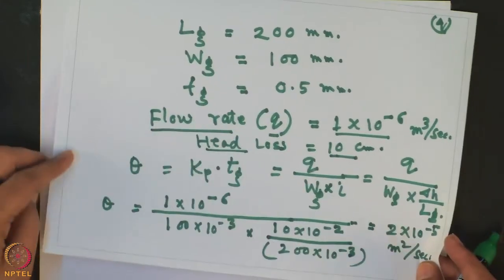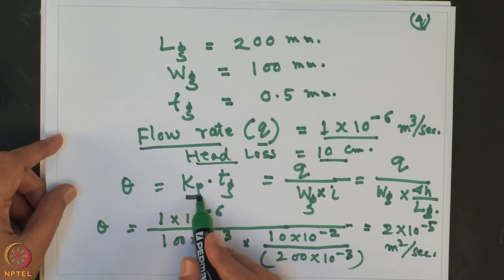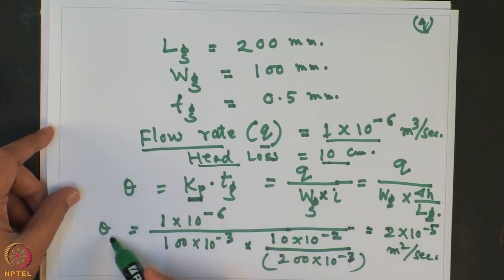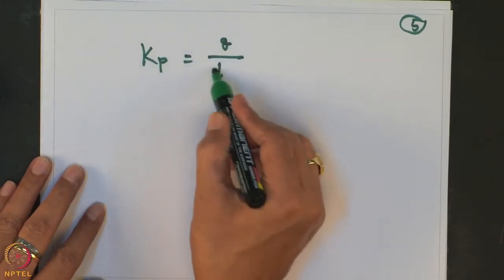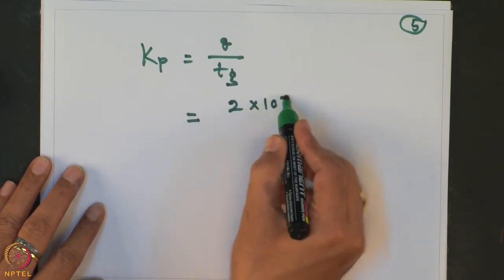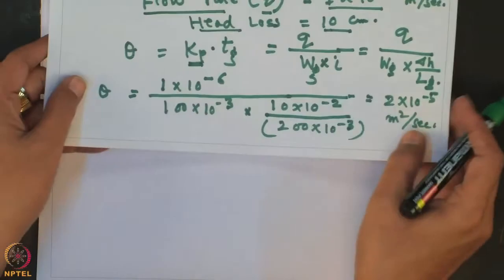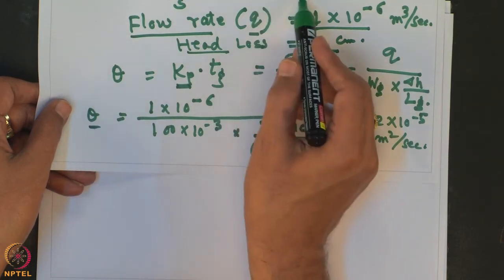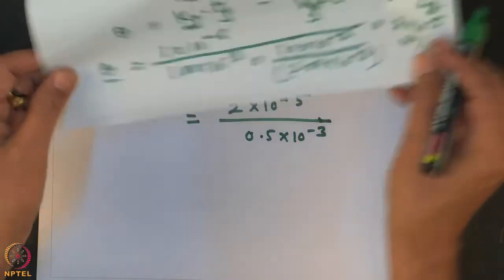So, ultimately you can determine what should be the K of P. K of P is equal to theta divided by T of G. Theta is 2 into 10 to the power minus 5, and this is divided by T of G. T is 0.5 millimeter, so you can write 0.5 into 10 to the power minus 3.